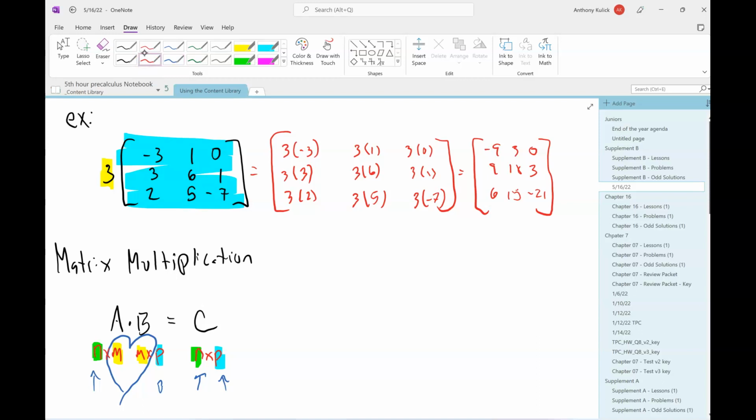So we've just talked about the dimension piece of it. We haven't talked at all about how we actually do this multiplication. And this is going to be a little bit tricky. All right, so let me make sure I get this right.